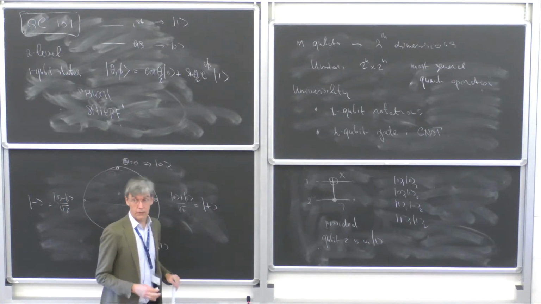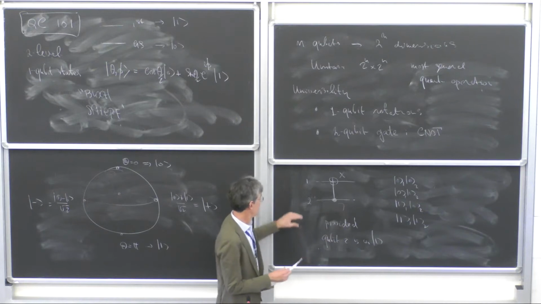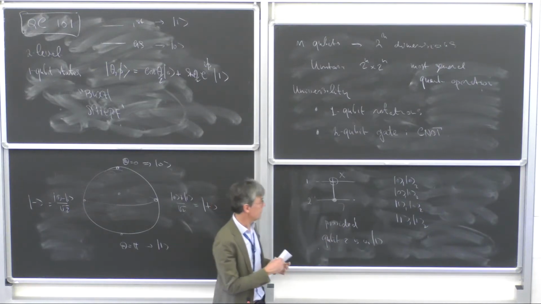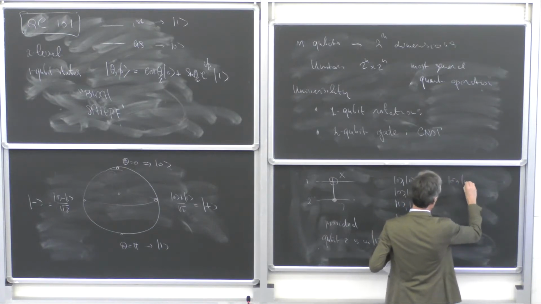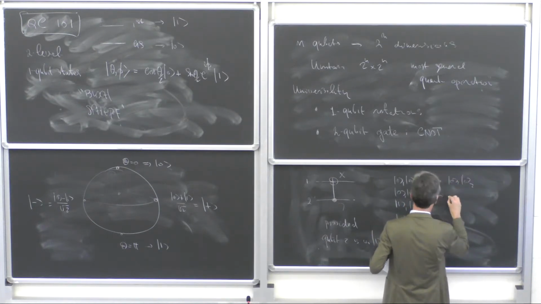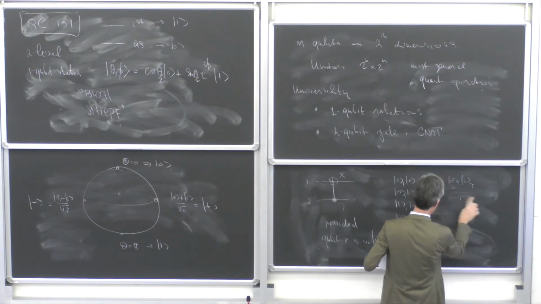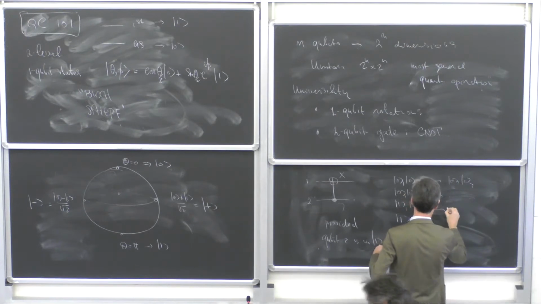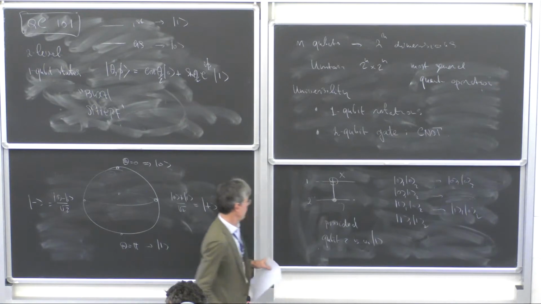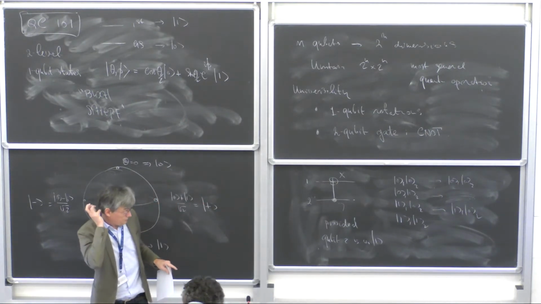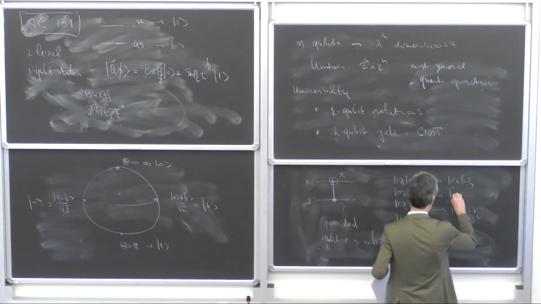Okay, so the table for a CNOT gate is the following. If qubit 2 is in the 0 state, nothing happens. So these two states are inert. But then, if qubit 2 is in the 1 state, it flips the first one. So that happens here. So this one flips to 1.